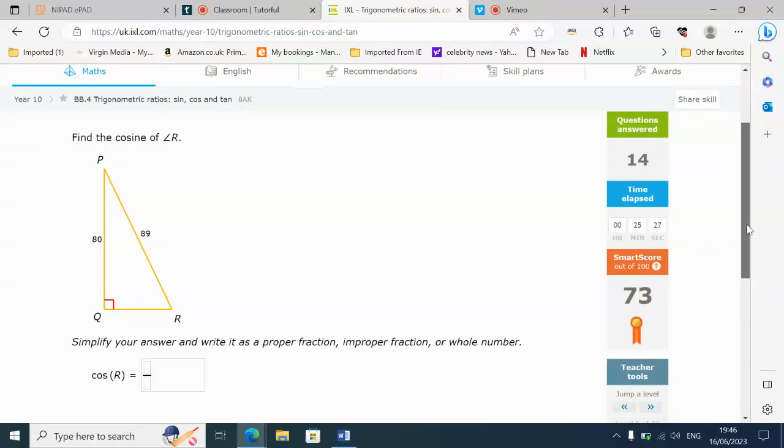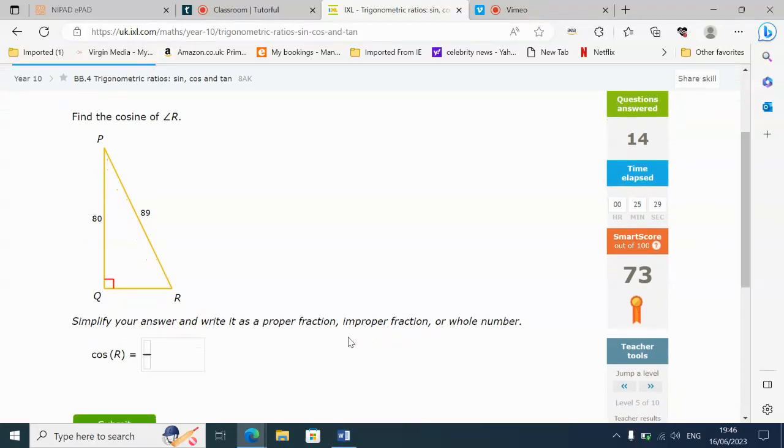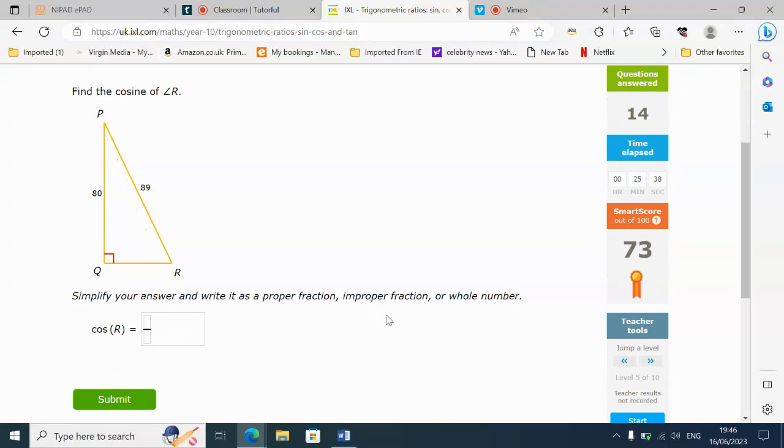Okay, and the next question we've got cos. So cos is adjacent over hypotenuse. Adjacent to R is missing, and the hypotenuse is 89.